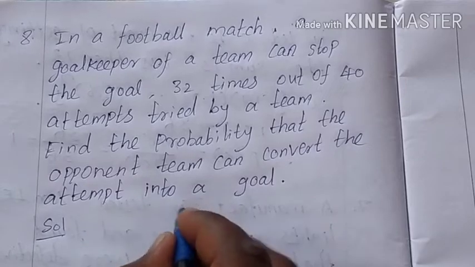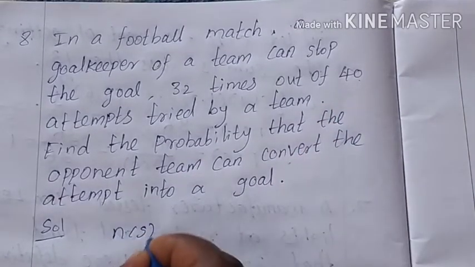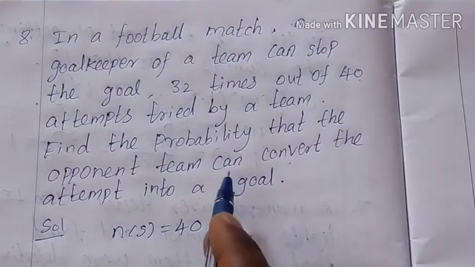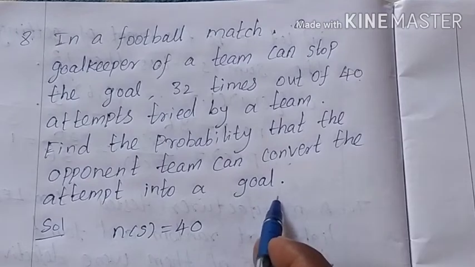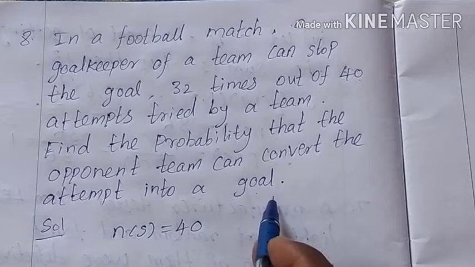The total number of attempts is 40. Okay, so n of S equals 40. Okay, the required probability is the probability of converting a goal.